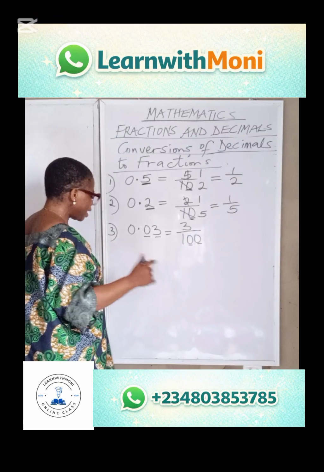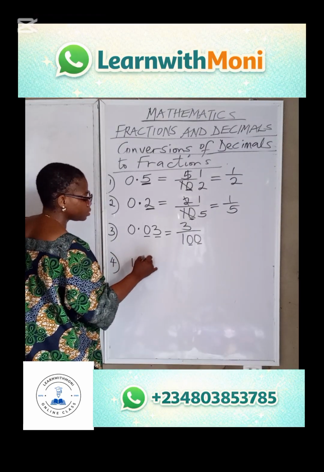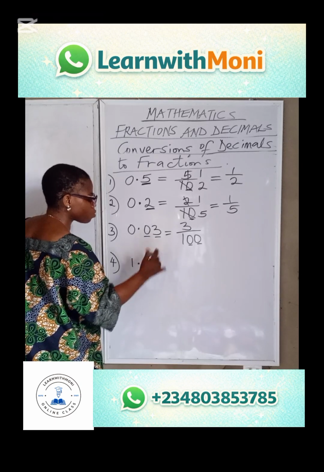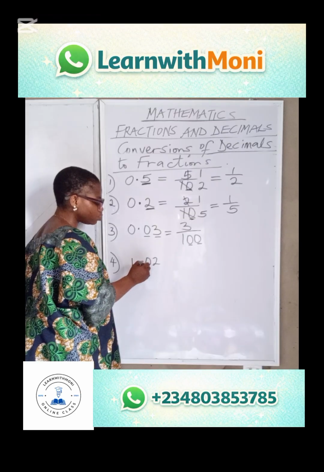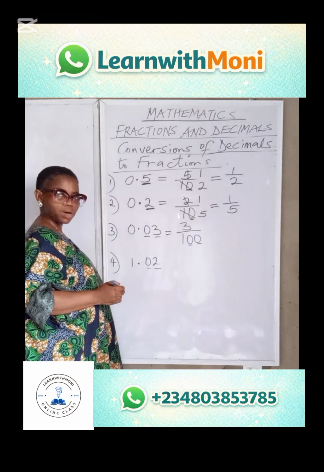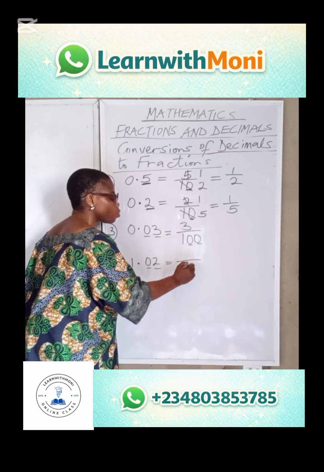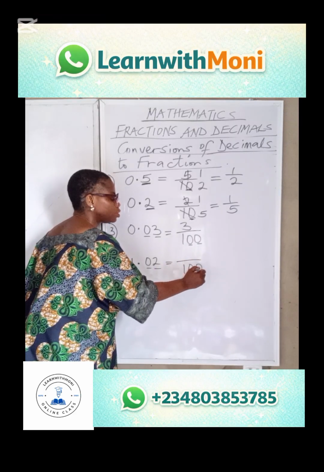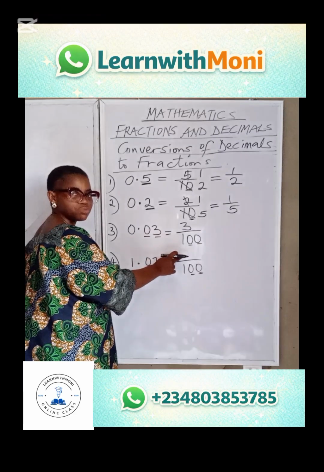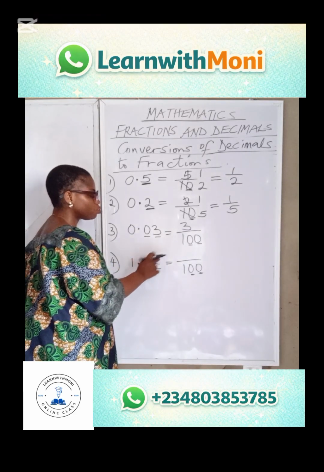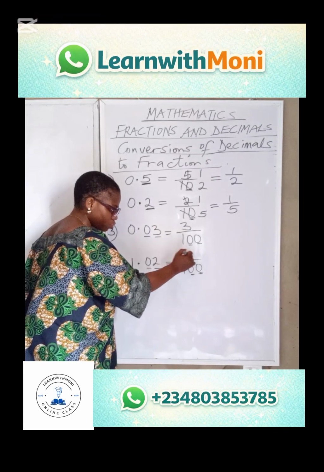Let's see a case where I have 1.02. When I have 1.02, 2 digits at the back of the decimal point, 0 and 2. That means my denominator is 100. 2 digits, 2 zeros. So what is going to be my numerator? 102. And that is what is going to be my numerator.